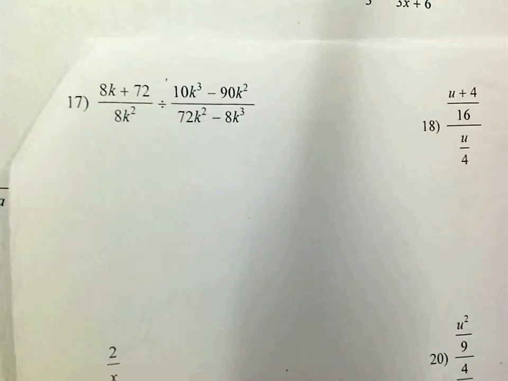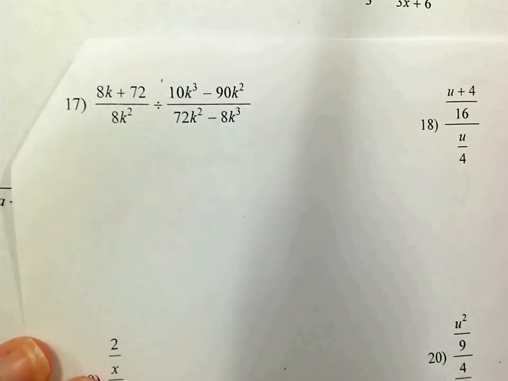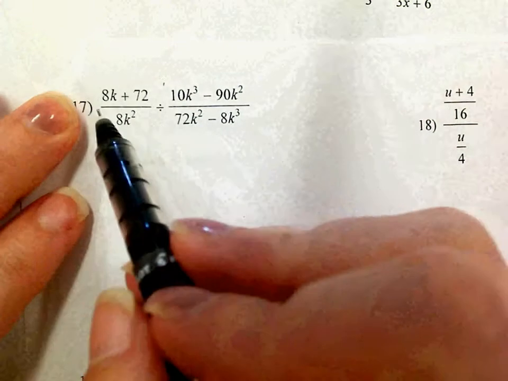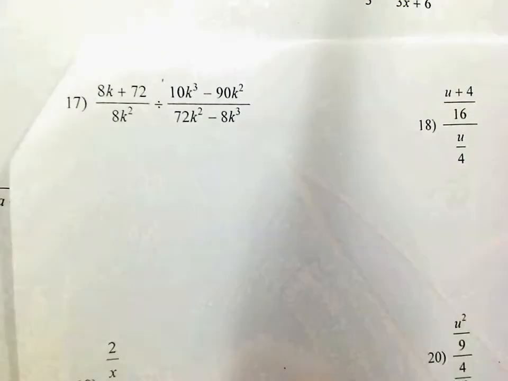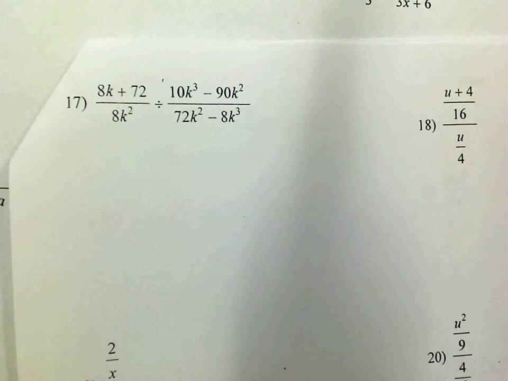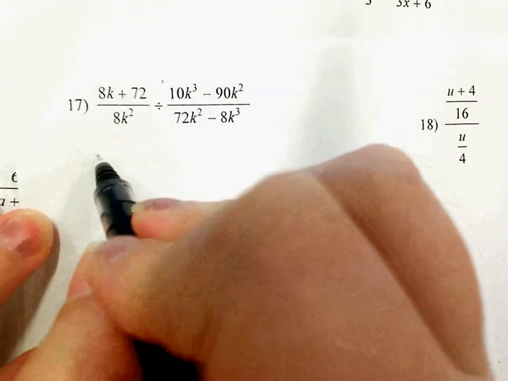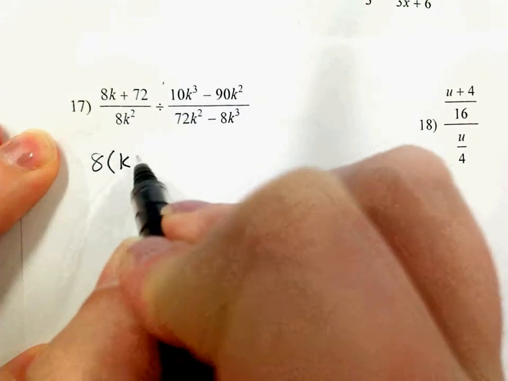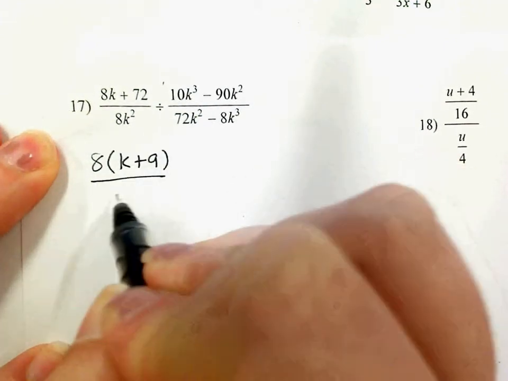Okay, so, guys, does 8 go into 72? How many times does 8 go into 72? 9 times. So if I factor an 8 out, then I'm left with 8 times k plus 9 over 8k squared, right?